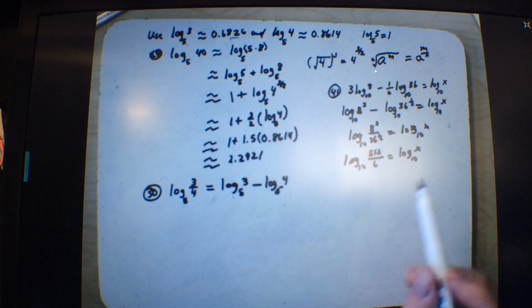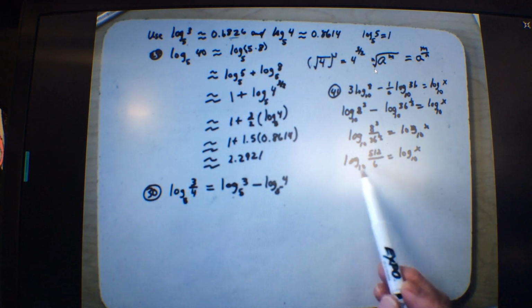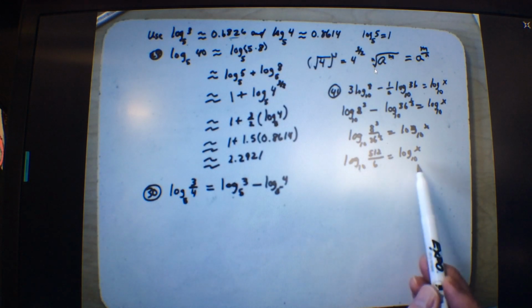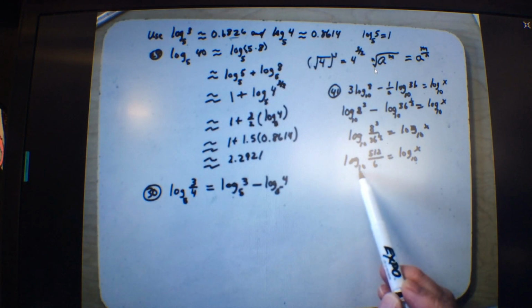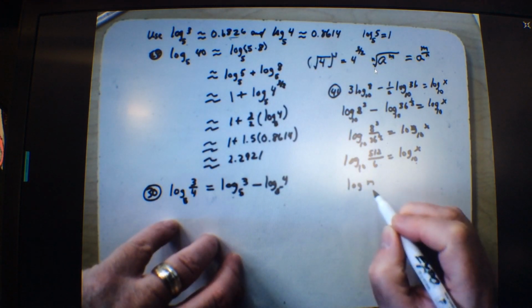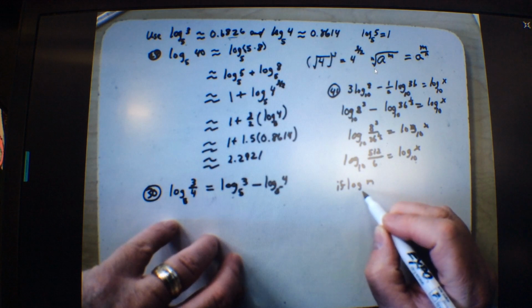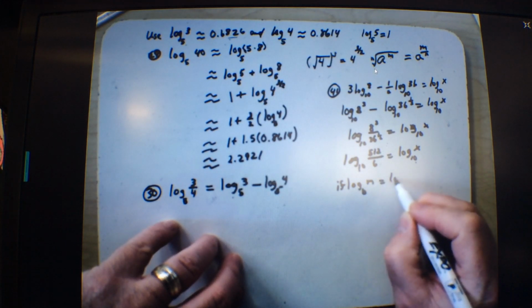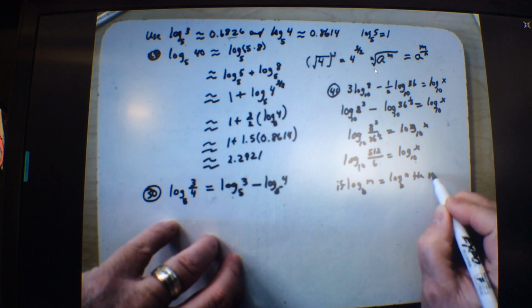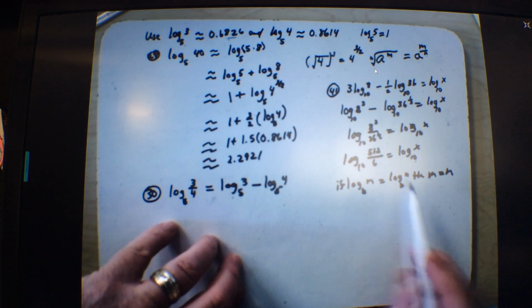All right, now take a look here. I have 2 logs that are equal, correct? They have the same base, correct? If you have that, there's a rule that says if the log of m base b equals the log of n base b, then m must equal n. That's what I got here.